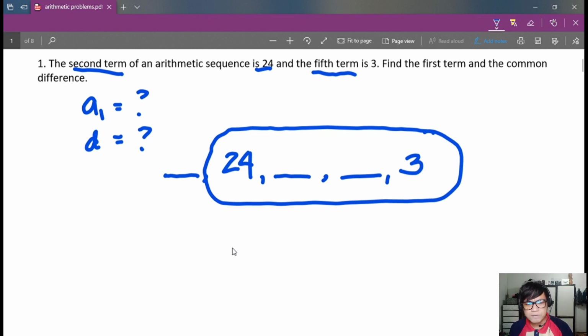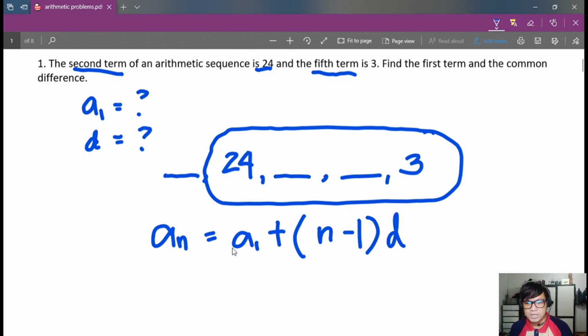So, we will use the formula, which is a sub n is equal to a sub 1 plus the quantity of n minus 1 times d. Meron tayong last term. Last term natin is 3.